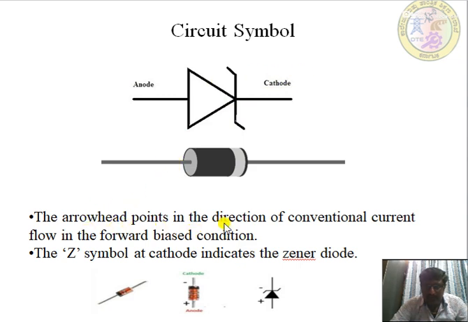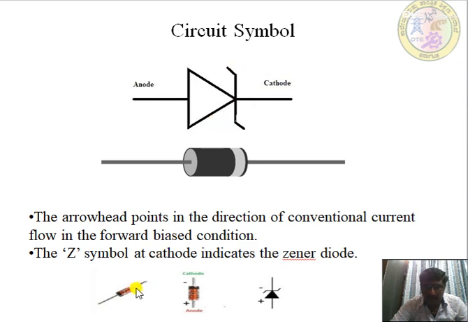The arrowhead points in the direction of conventional current flow in forward bias. The Z-shaped symbol at the cathode indicates a Zener diode. If it is a straight line, then it is a normal diode. Since it is represented with the Z-type symbol, we call it a Zener diode.